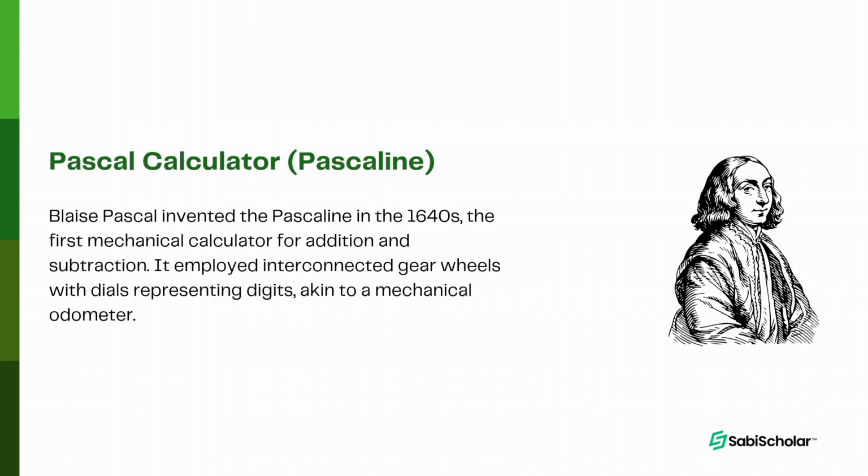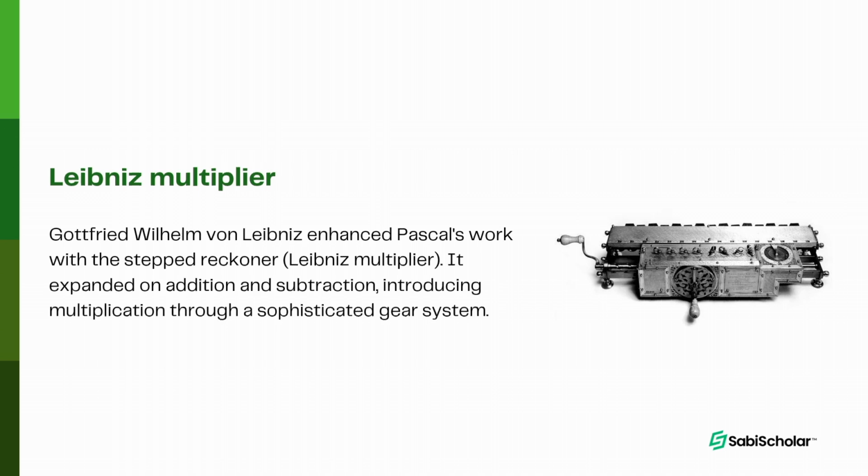So we have the Leibniz multiplier. Gottfried Wilhelm von Leibniz saw how the Pascaline was and decided to improve on it. So the Pascaline was expanded on when it had to do with addition and also subtraction, introducing multiplication through a sophisticated gear system.